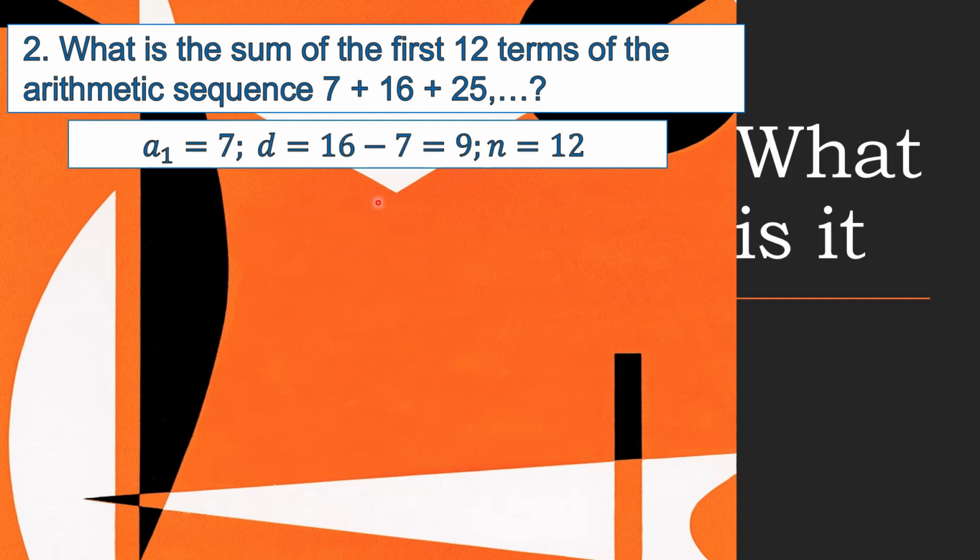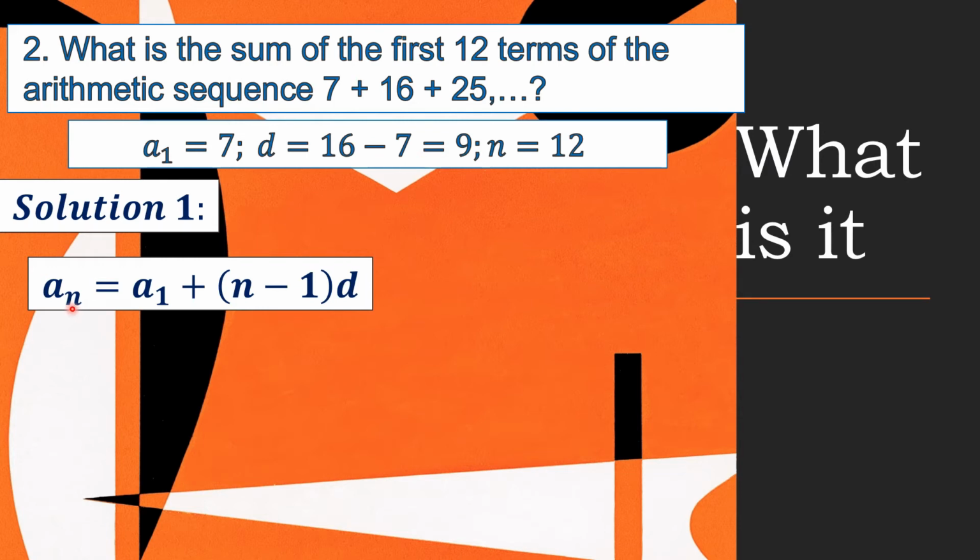We have two ways to solve this problem. Una, try natin siyang sagutan using the solution 1. Ang una nating hahanapin dahil wala ang ating a sub n, we need to use the formula for getting the nth term of an arithmetic sequence, yung ginamit natin dun sa past lesson natin. Using a sub n is equal to a sub 1 plus n minus 1 times d, pwede natin isolve muna ang value ng a sub n natin.